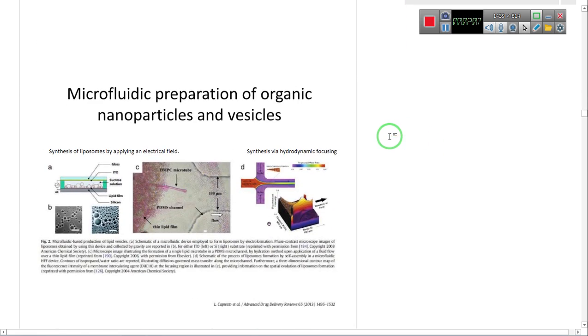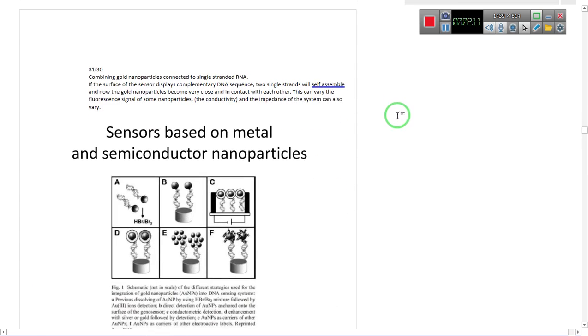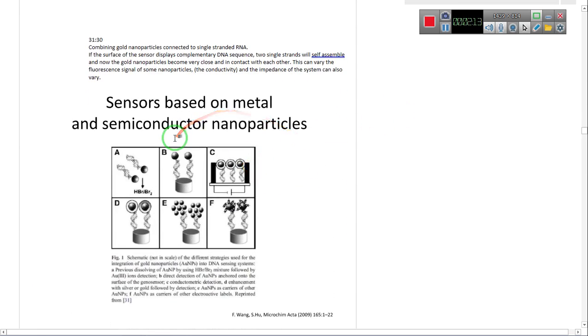Well, we covered this. Let's have a look at this slide. This is also about the sensors that we can use by the nano devices.